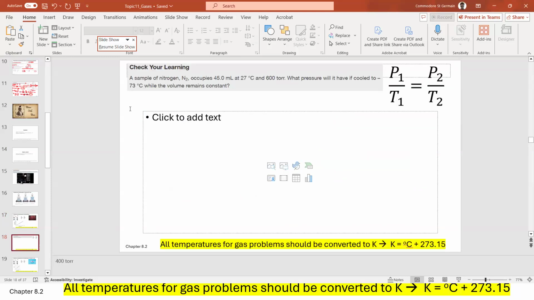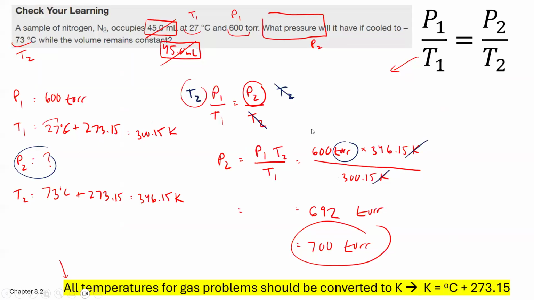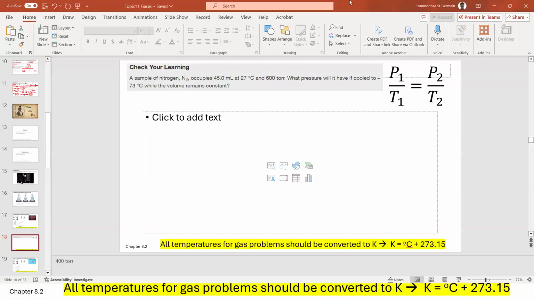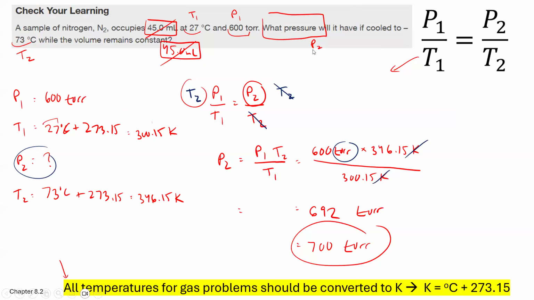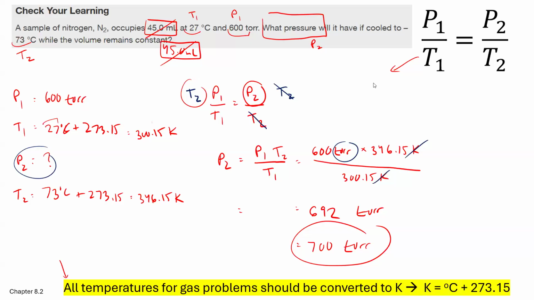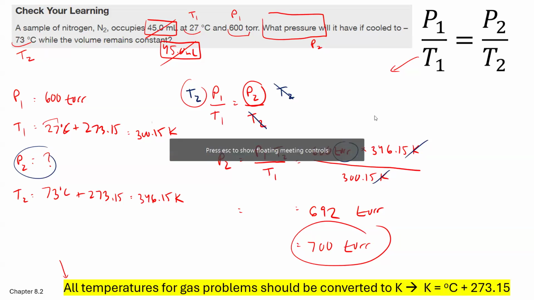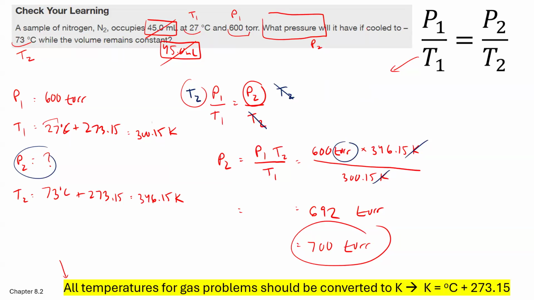Hmm. Looks like I might have done something wrong here. Let me just check this real quick. Okay, I figured out what went wrong. It says cooled to, but that sign's supposed to be over here, a negative 73.